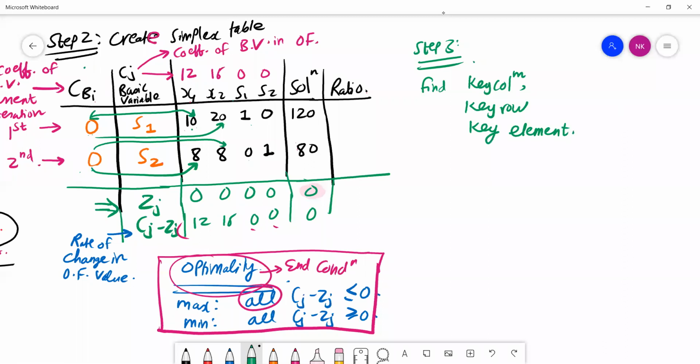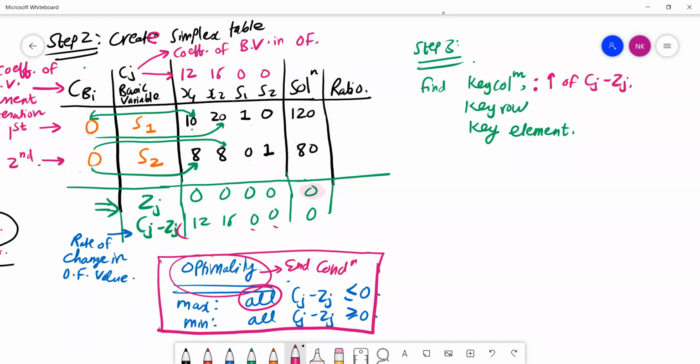This is your next step, to find key row, key column, and key element. Now, how can I find all these things? For that, we have certain other rules. Key column is nothing but the highest value of Cj minus Zj.